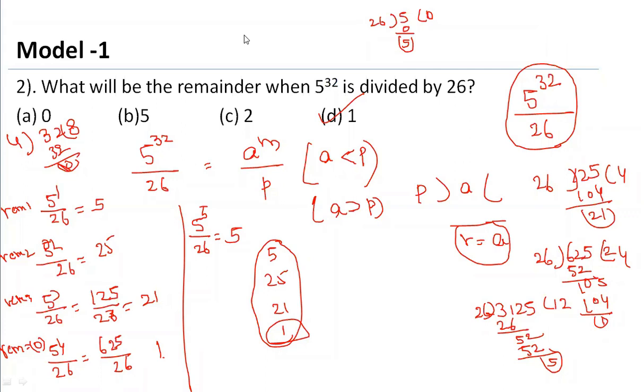5 power 1 by 26, remainder is 5. 5 square by 26, remainder is 25. 5 cube by 26, remainder is 21. And 5 power 4 by 26, remainder is 1. If you check from 5 power 5 onwards divided by 26, again you get the same cycle, which is 5, 25, 21, 1. So I can decide that after 4 powers of 5 divided by 26, the remainders are going to get repeated.